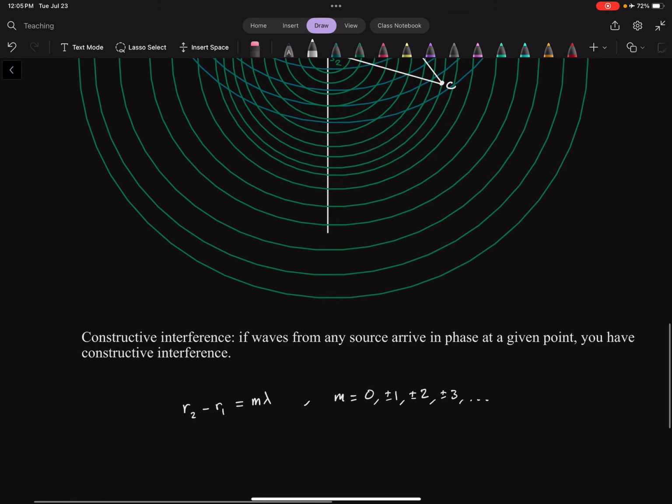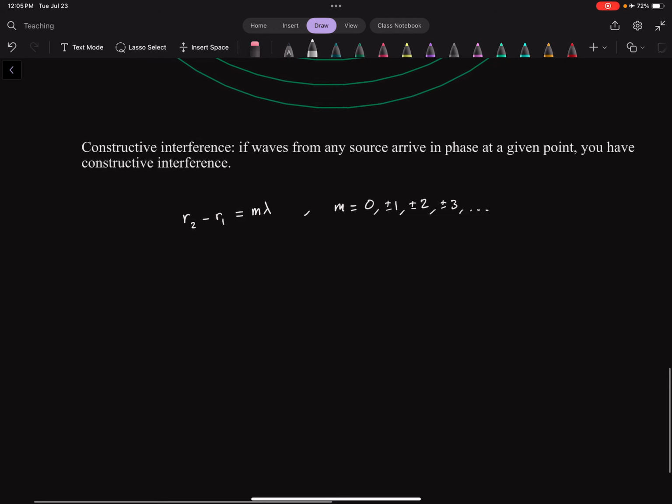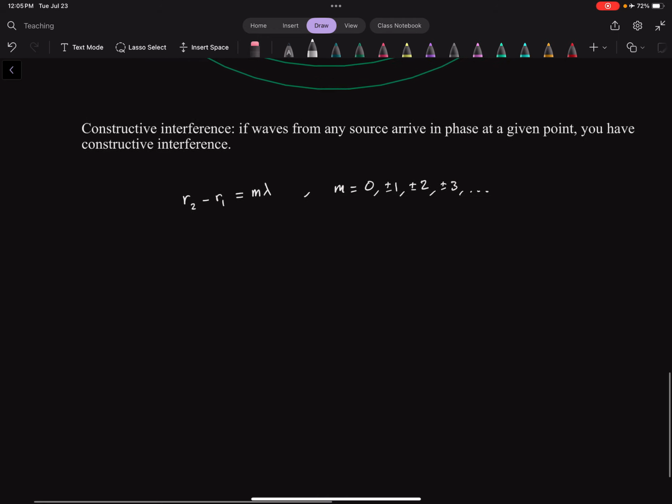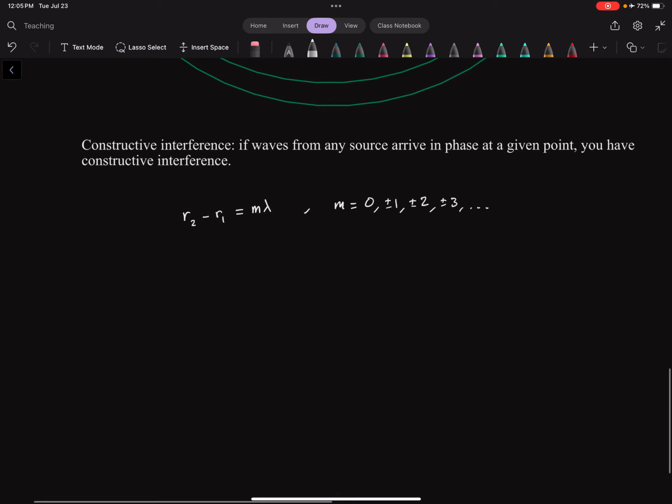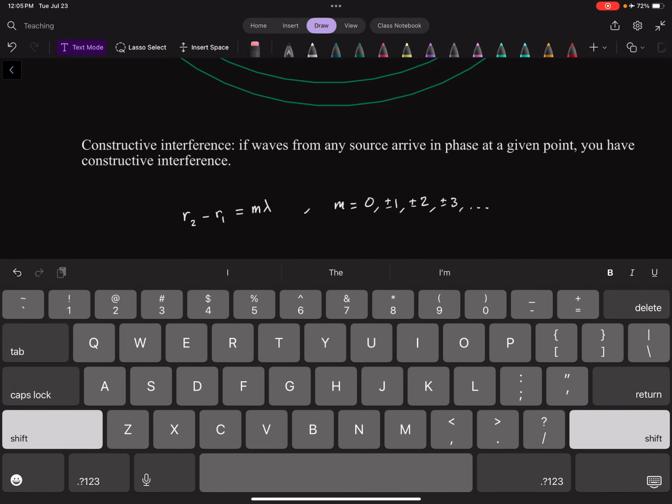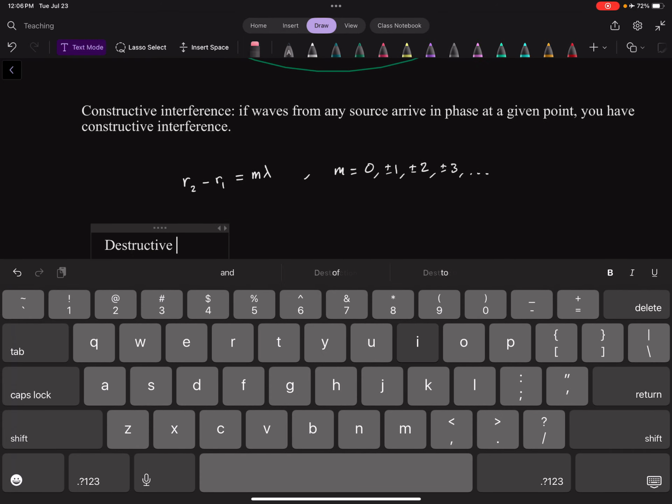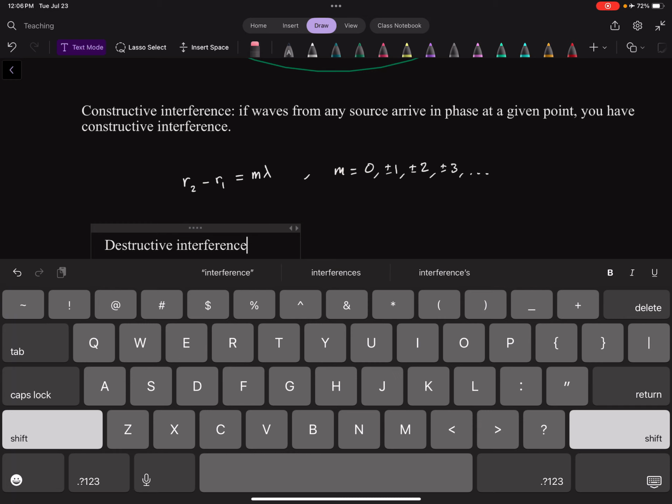And the resulting amplitude for the combined waves is actually equal to the difference of the two individual amplitudes. And that's called destructive interference. So I'm going to write that out. Destructive interference.